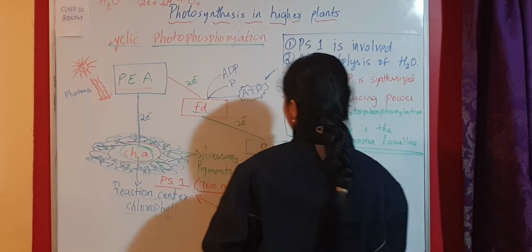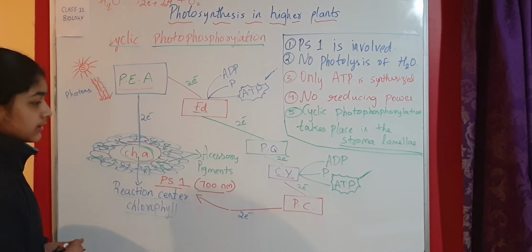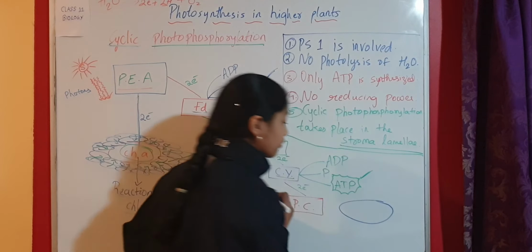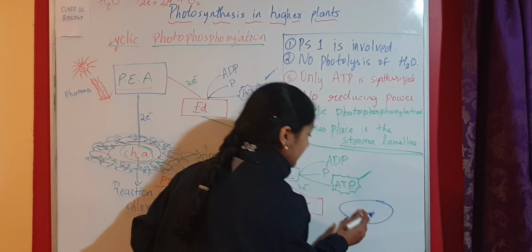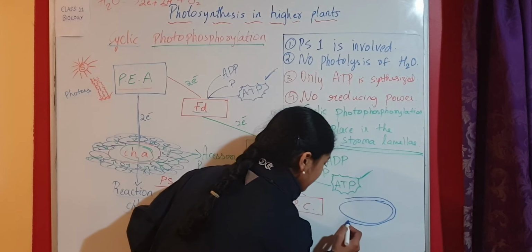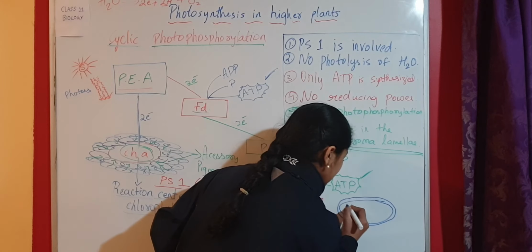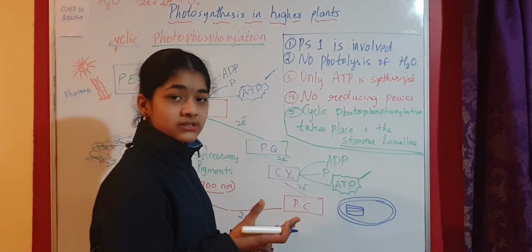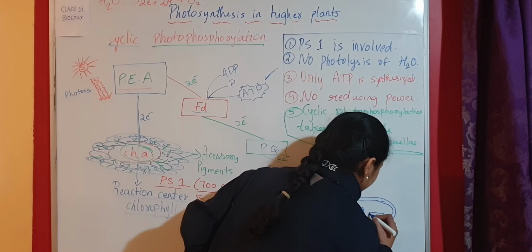What is stroma lamella again? So, if this is the chloroplast, an organelle in a plant cell, these chloroplasts are double membraned and they have thylakoids, which are coin or disc shaped structures present in the stroma, which is the fluid matrix.